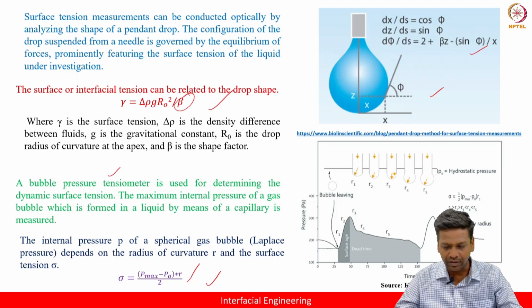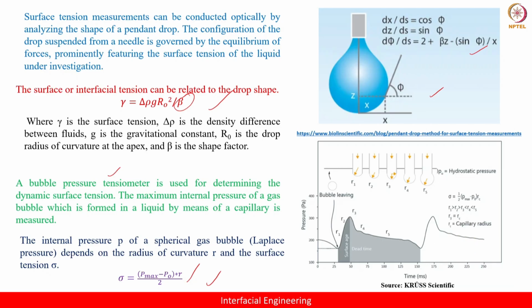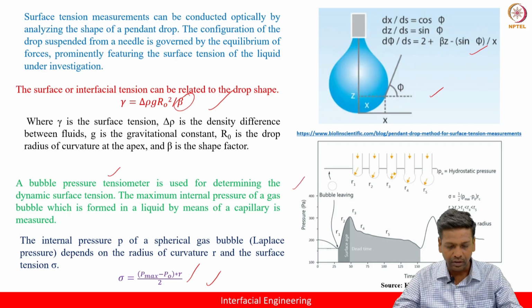So this schematic we already have seen during one of our lectures in module 2. Okay. So now we will stop here, but one of my students will explain to you about the optical tensiometer, okay, by demonstrating using some liquid samples. Okay, thank you.